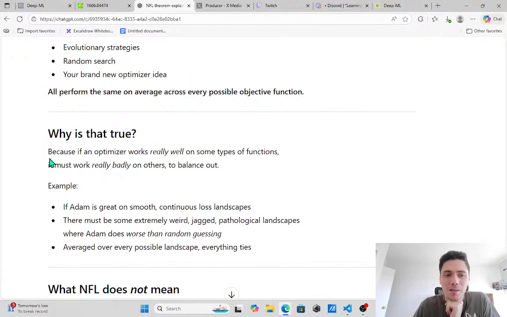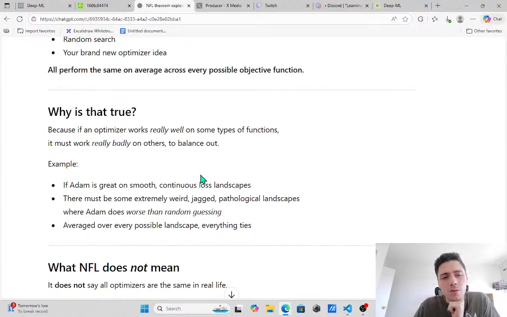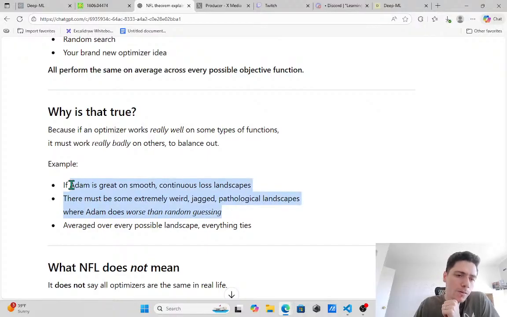To me, I'm pretty shocked by this. Why is this true? Both random and gradient-based methods work in smooth continuous landscapes, but there must be some extremely rough landscape where Adam is worse than a random guess. Okay, that's interesting.